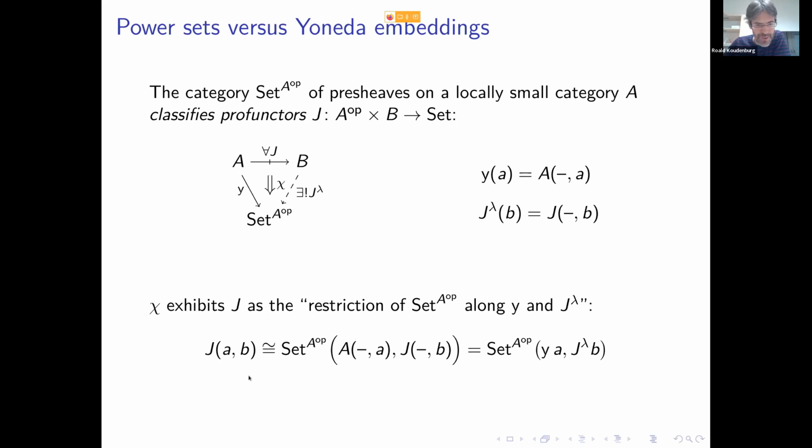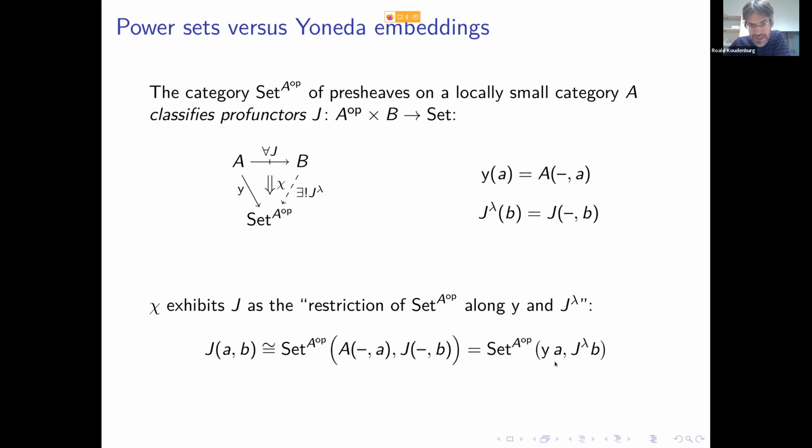Now this is given by Yoneda's lemma. So J at A and B is isomorphic to this hom set of transformations between the presheaves, here the representable presheaf, right? So Y here is the Yoneda embedding. I didn't tell you that. So this image is equal to this hom set of transformations between presheaves.